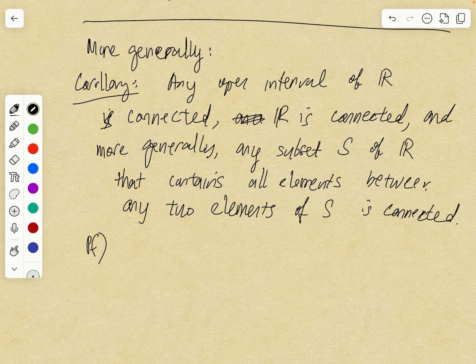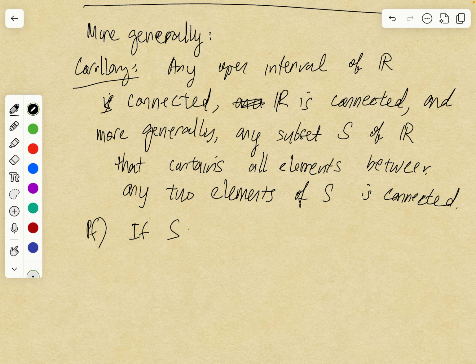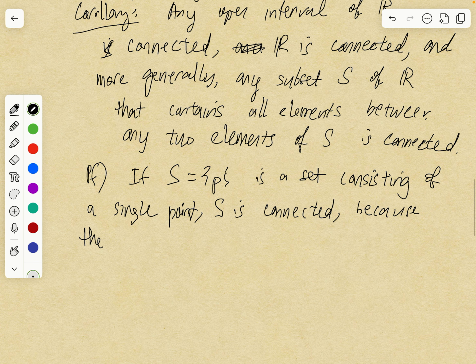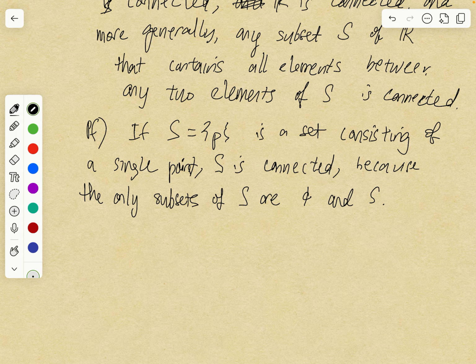Okay, so maybe we should write that down. So if S consists of a single point, S is connected because the only subsets of S are the empty set and S. Okay, so we can assume that S has at least 2 points.